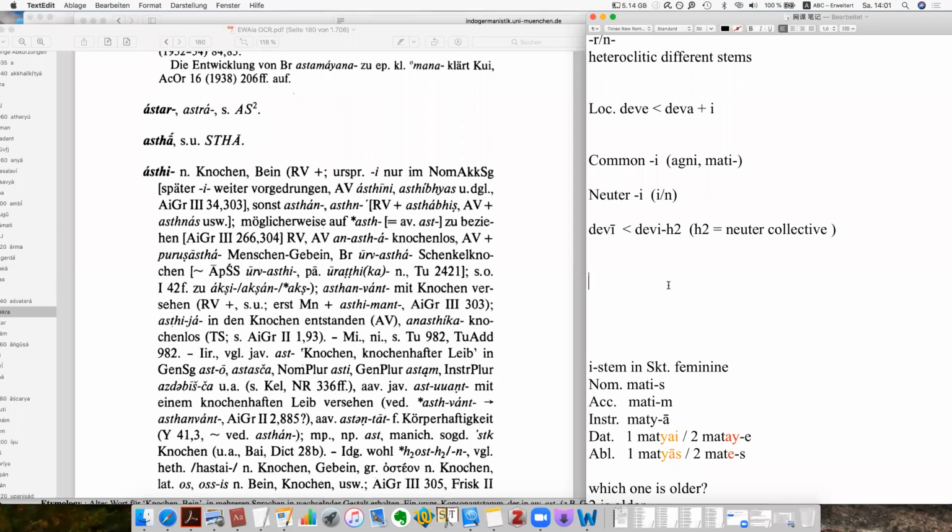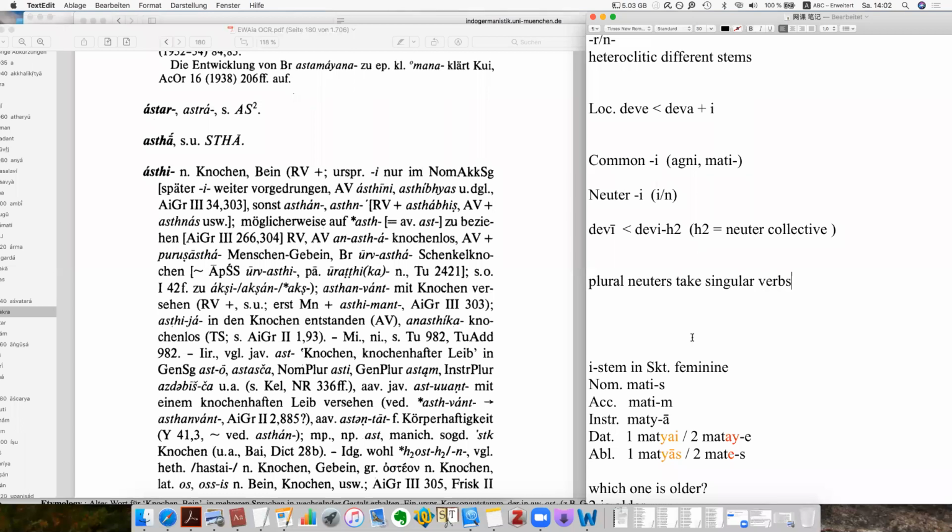Greek is more telling, more convincing, because there's a very special case in Greek: plural neuters take singular verbs.